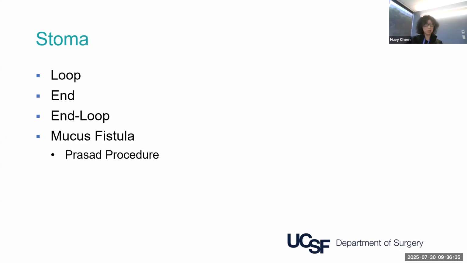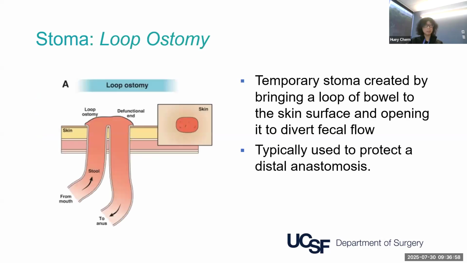Hopefully we will clarify all those different terminologies. Of course, when we say stoma, it could be small intestine or large intestine. So it could be a loop colostomy, a loop sigmoid colostomy, or a loop transverse colostomy. All of that adds more precision to your understanding of the anatomy.